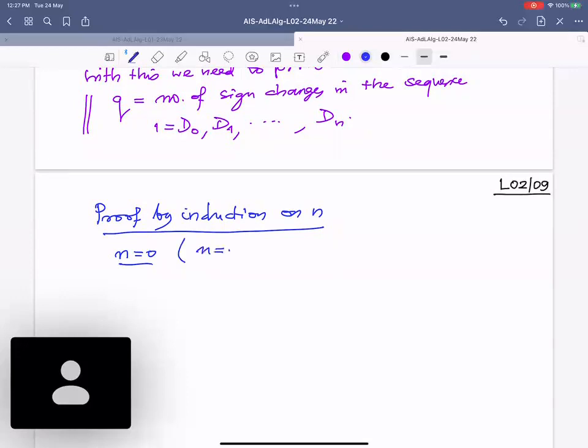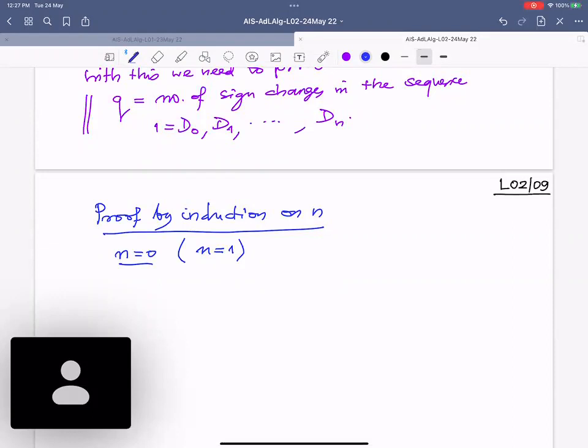You can see it's trivial for n equal to 1 also. Because for n equal to 1, there is D1 and D0. So if D1 is negative, D1 is negative means what?